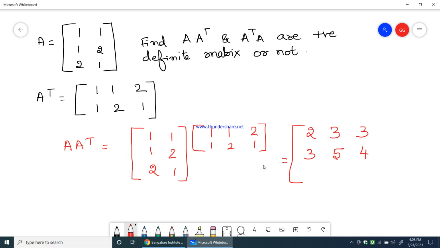Then 2 plus 1 is 3, 2 plus 2 is 4, and 4 plus 1 is 5. So this is the matrix I got for A into A transpose.